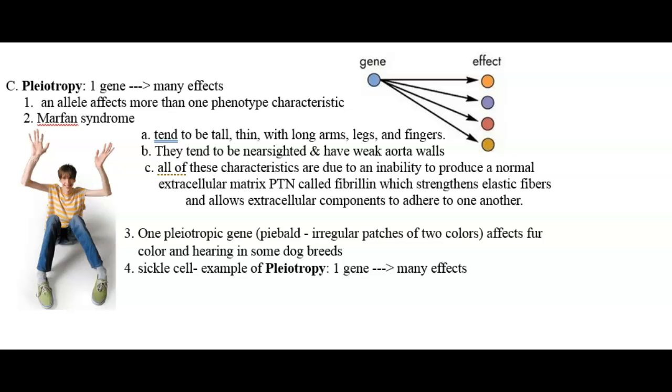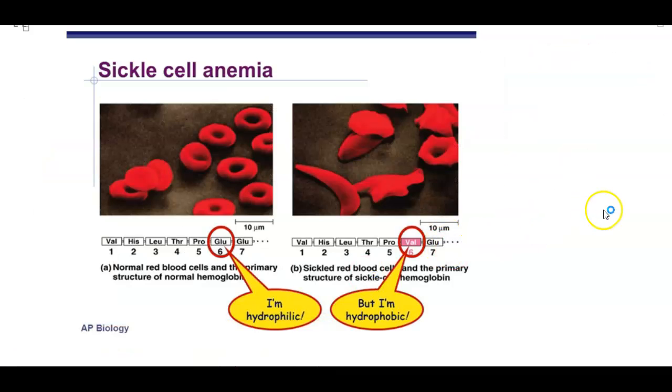Sickle cell. We're going to talk more about sickle cell. That's an example of pleiotropy, one gene having many effects. Sickle cell anemia is just due to one mutation. You have one wrong amino acid.